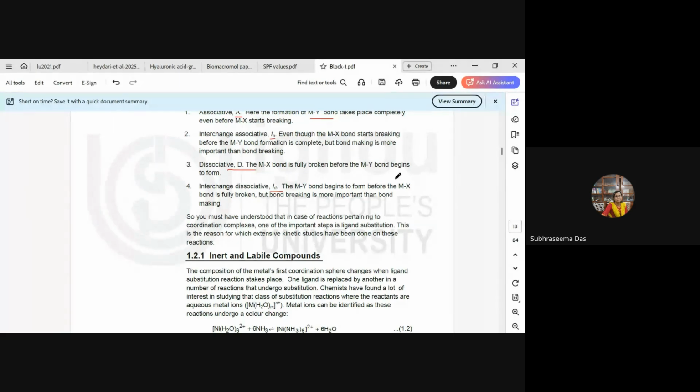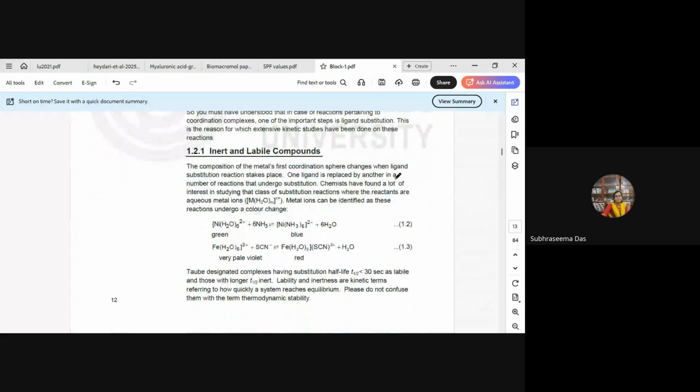Before going to the different types of substitution reactions, we will first understand what inert and labile compounds are, and why they arise in this concept of inorganic complexes. The composition of the metal's first coordination sphere changes when a ligand substitution reaction takes place. What is the coordination sphere in a complex?